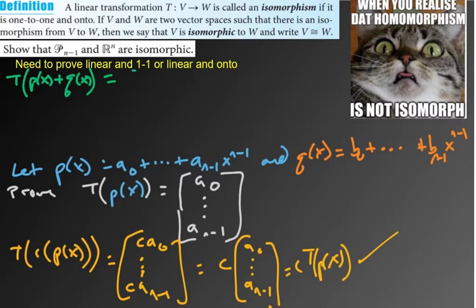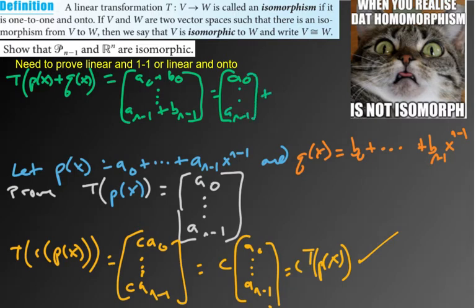And so just based on this map I've defined, this would be equivalent to A naught plus B naught through A n-1 plus B n-1, which is, of course, because of how column vectors work, you can split that, and then add to that B naught through B n-1.